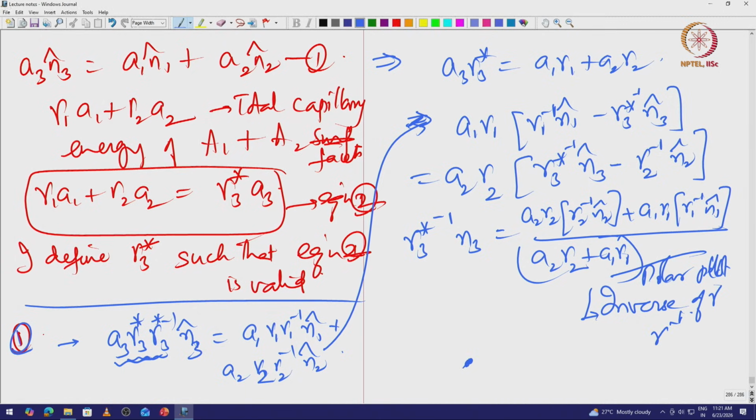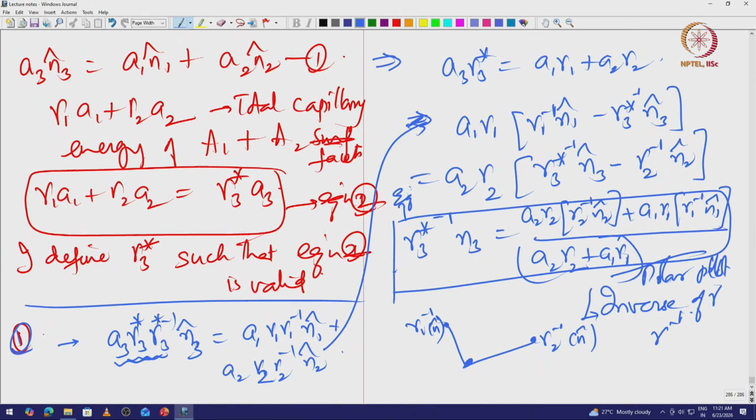Now, if gamma 2 inverse is here, and gamma 1 inverse is here, in the polar plot space, then this equation, equation 3, suggests that gamma 3 inverse should be on this line here, right. And it is divided in the ratio of their areas, right. So, A2 gamma 2, A1 gamma 1.